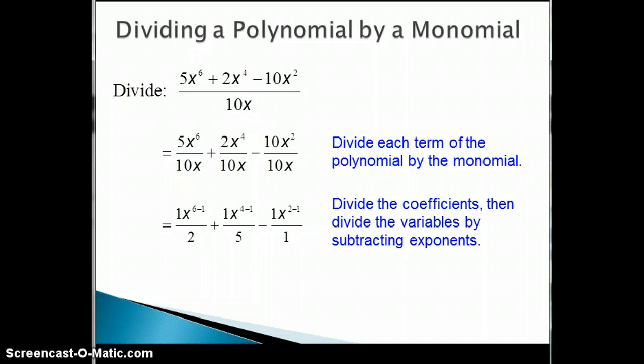Remember, that always goes on the top. Then we have 2 over 10 reduces to 1 over 5, and then we subtract the exponents on the x's, 4 minus 1. And then 10 divided by 10, you could cross the 10's out or put 1 over 1, and then the exponent will be 2 minus 1. And we simplify and we're done.